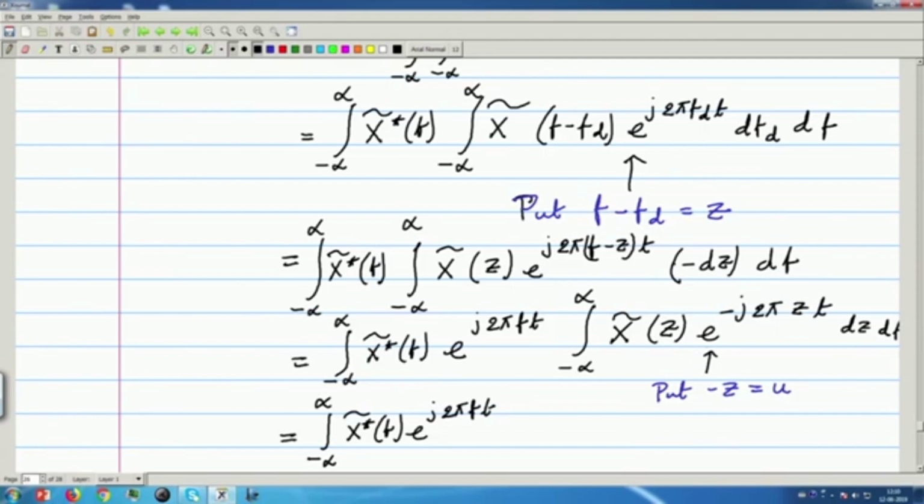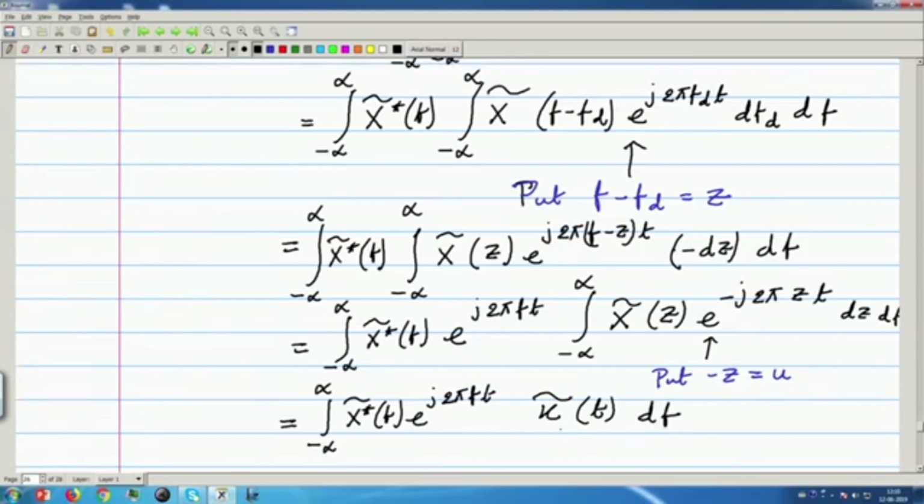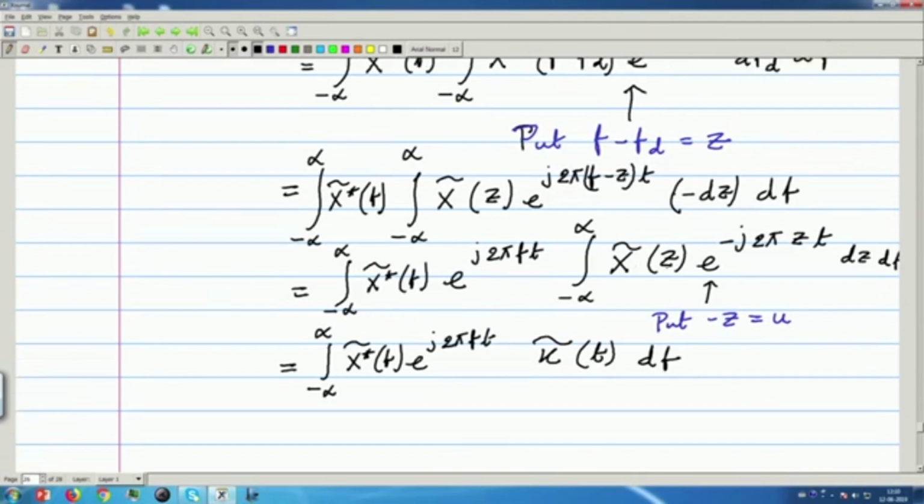Here it will be x minus u e to the power plus z. This whole part we can write as x of t. Please see, this is the basic definition, and then there will be df. It is simple because the spectrum is symmetric.